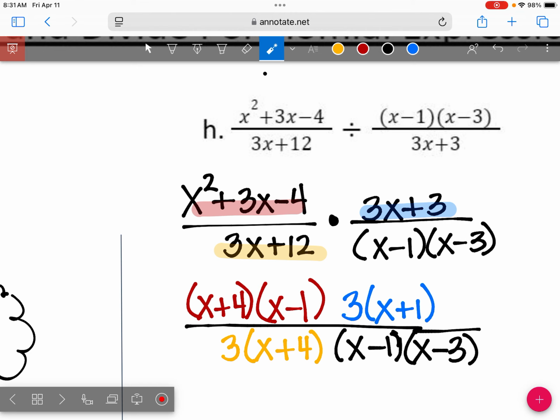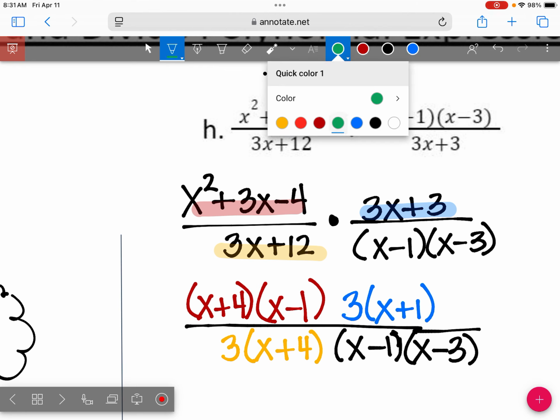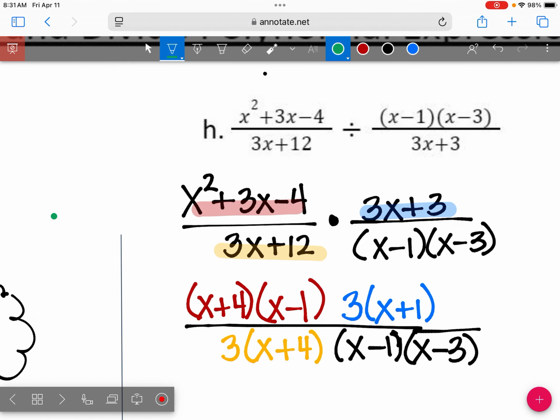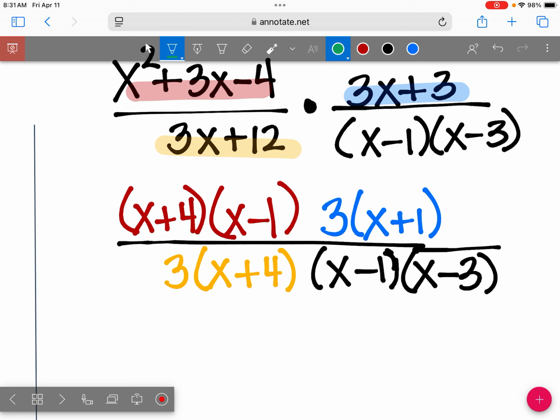So now that everything has been factored down fully, we are ready to start eliminating some factors. All right, what is something that you notice that I can take away? What did you say? x minus 1. Do you see anything else I could take away?